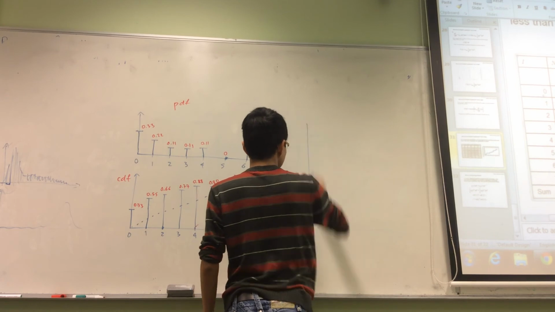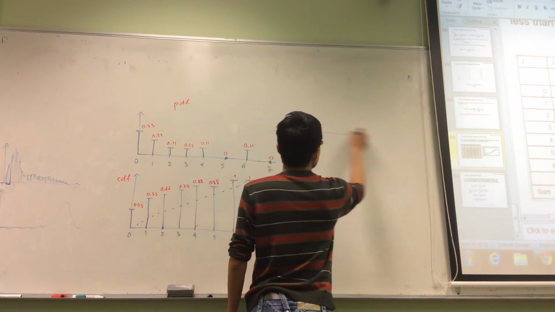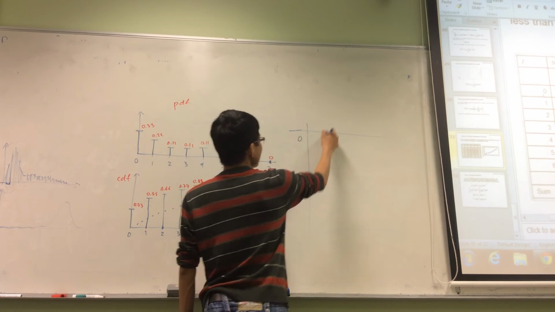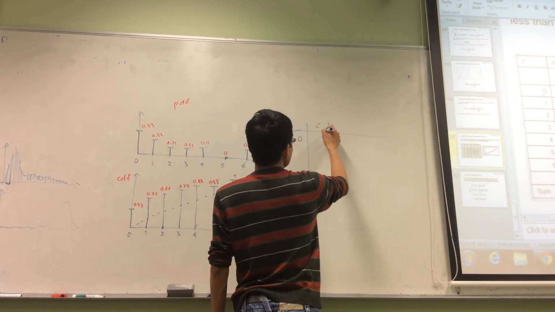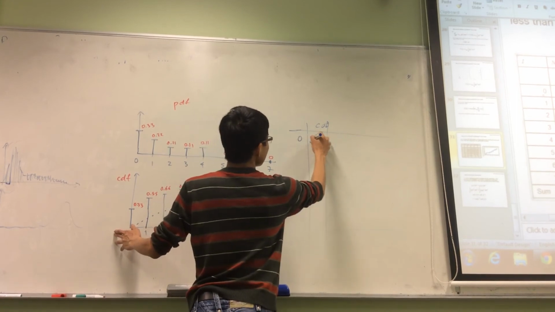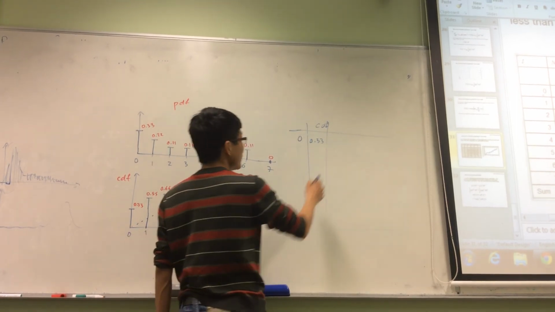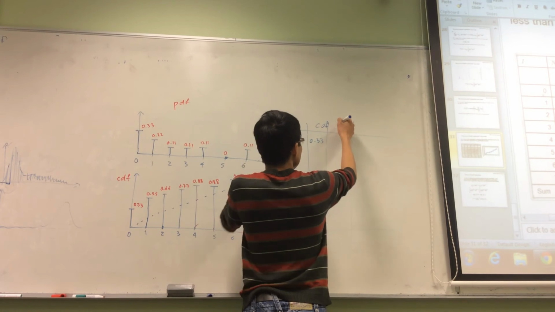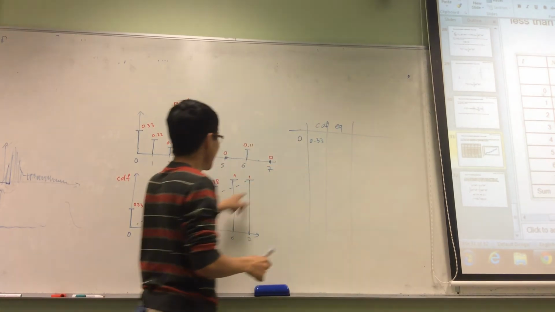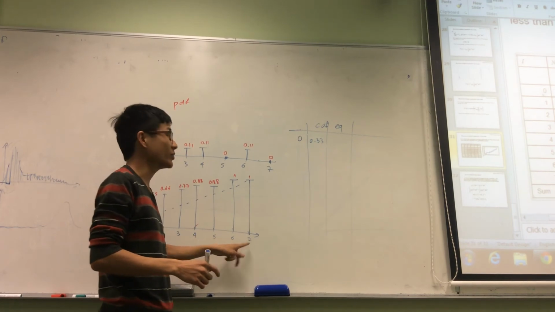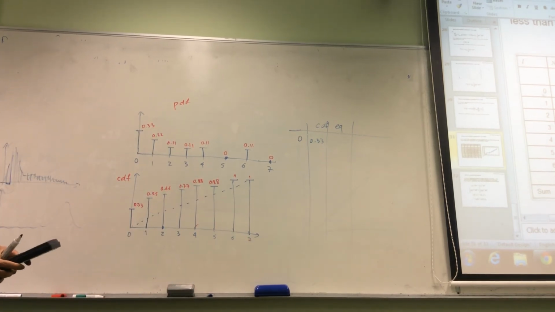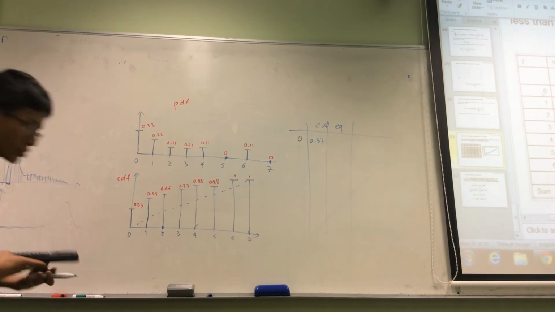Alright, so it's better to make it in a table, I think. So we have the values here. The CDF of 0 is 0.33. Then the next one we equalize will be 0.33 times the maximum, 7. How much do you get? 2.3.